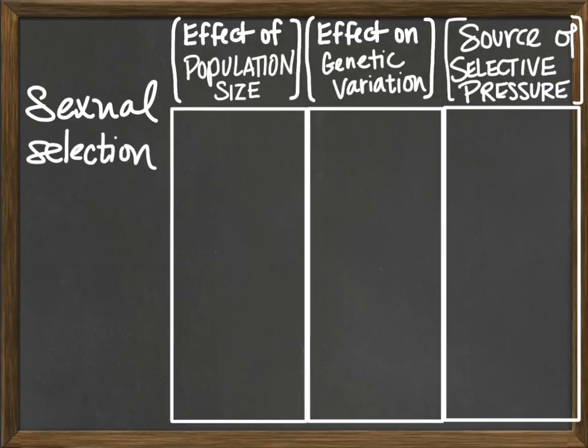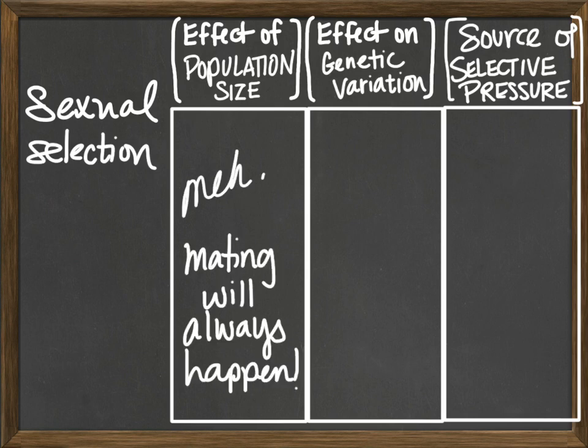Okay, so let's talk about sexual selection now. You remember what sexual selection is. What's the effect of population size on sexual selection? Does sexual selection not happen in really large or really small populations? Here's the deal. Mating is always going to happen.